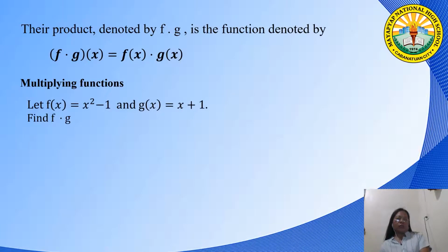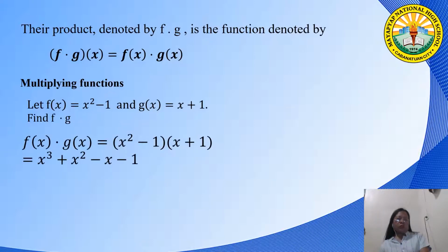Let f of x equals x squared minus 1 and g of x equals x plus 1. Find f times g of x. So by definition, it equals f of x times g of x. f of x is equal to quantity x squared minus 1 times g of x is quantity x plus 1.